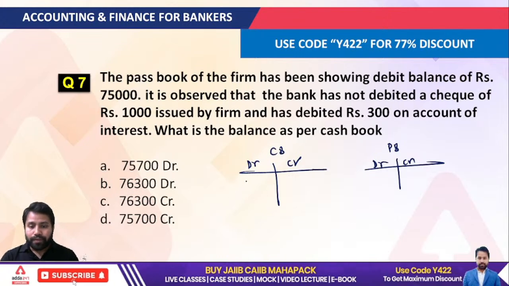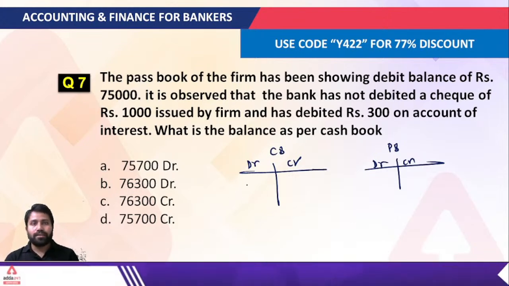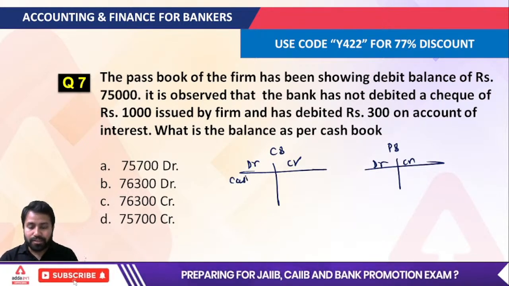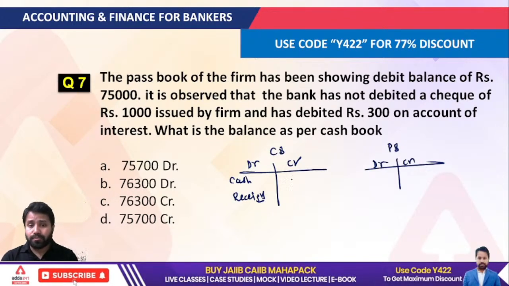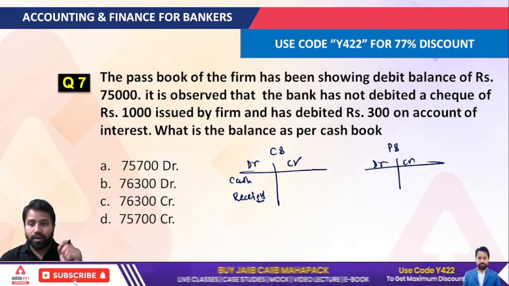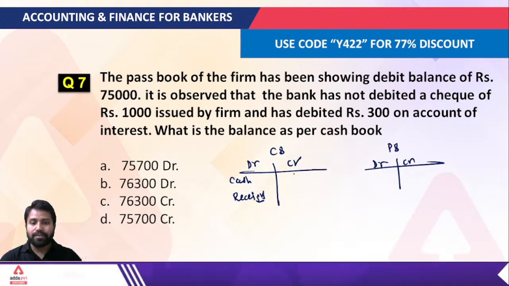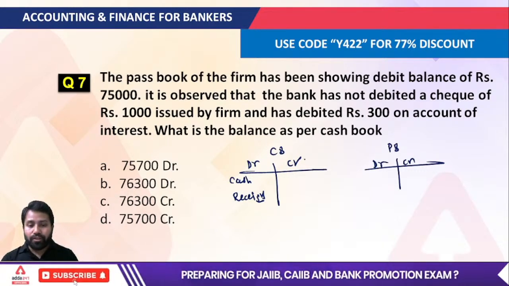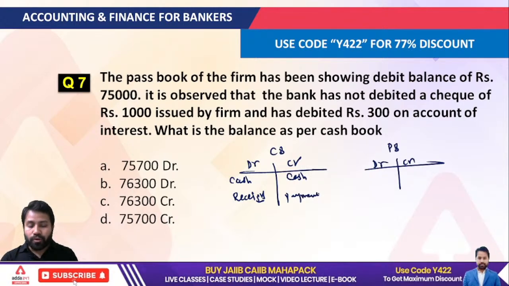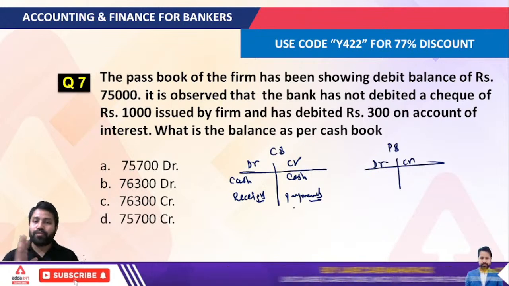When we talk about the debit side, whatever cash receipts we talk about, all cash receipts we are going to record on the debit side of the cash book. And when we talk about cash payments, all the cash payments are going to be recorded under the credit side of the cash book.